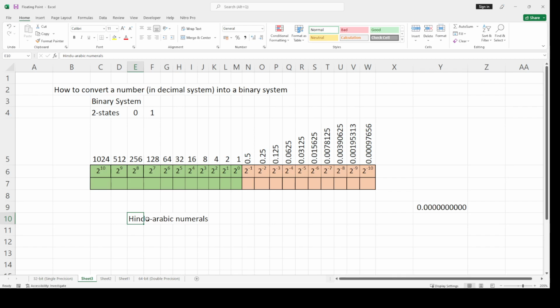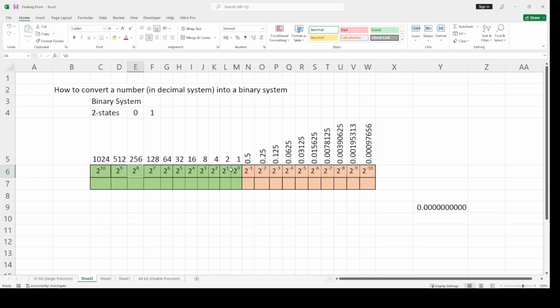As you can see here, we have this number line. Since this is just a binary system, it is in base 2.